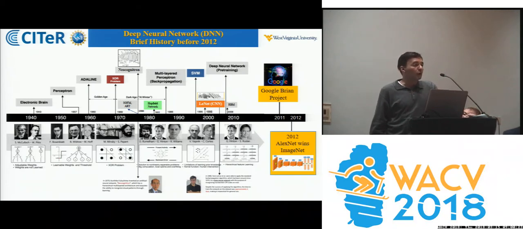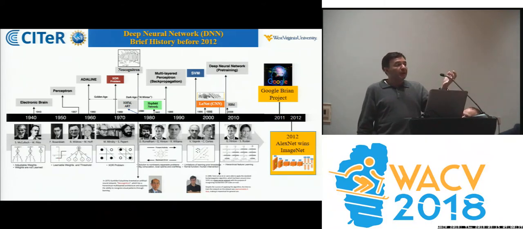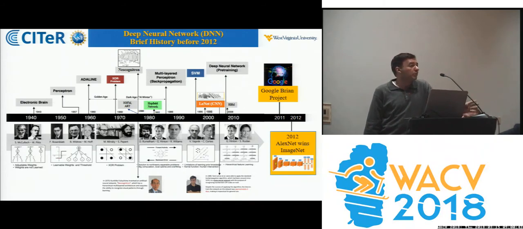It's been around for a long time. So if you look at the history of deep learning, obviously the model of single neurons started in the 1940s. And gradually, Professor Rosenblatt from Cornell University in the 1950s put some of these neurons together and called them perceptrons.